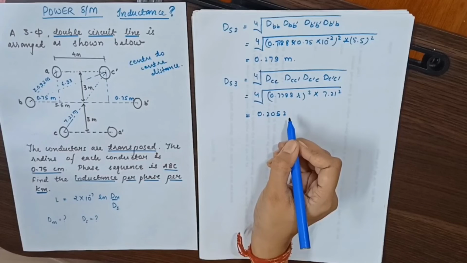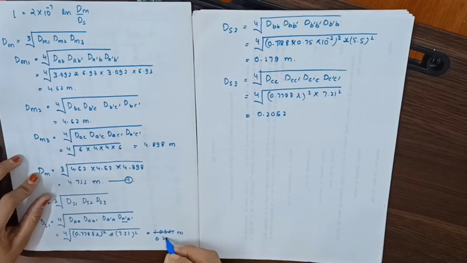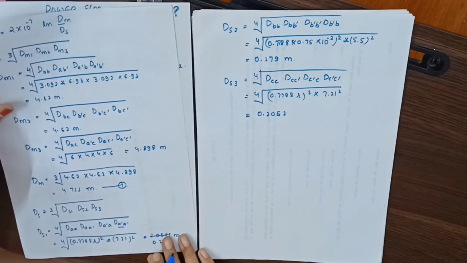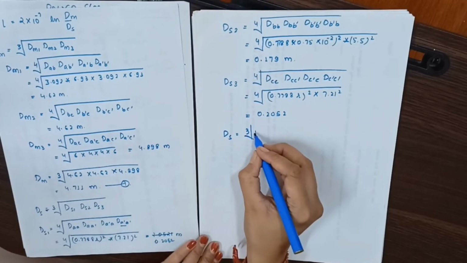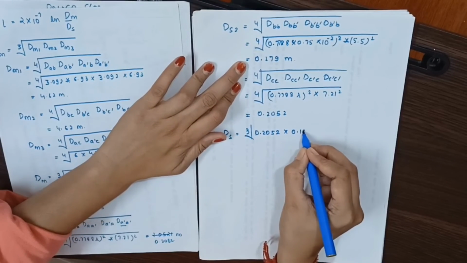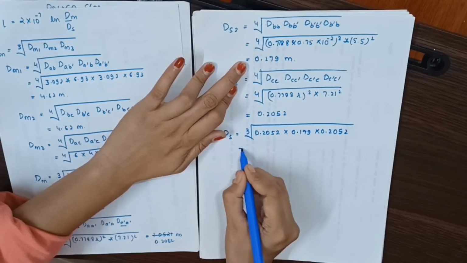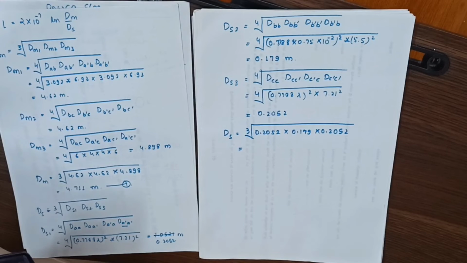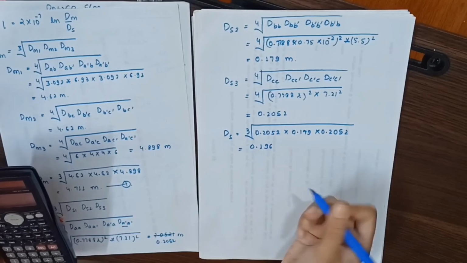The answer is 0.2052 meters. Now Ds is the cube root of Ds1, which is 0.2052, into 0.179 and 0.2052. So it will come out to be 0.196 meters.